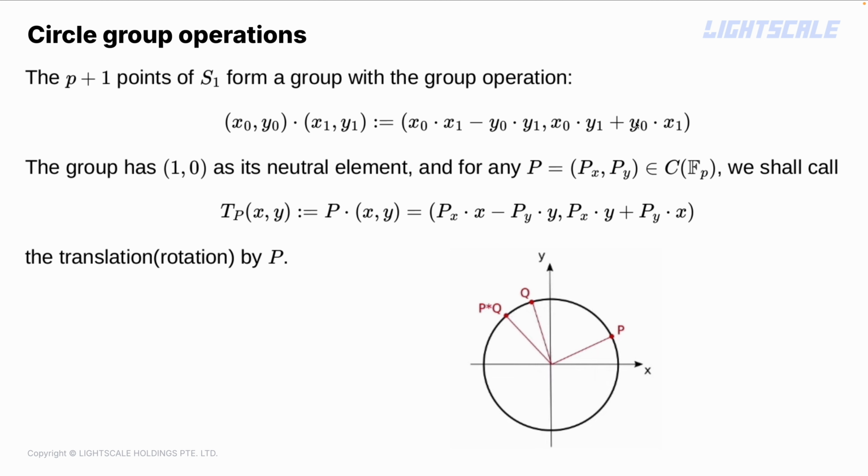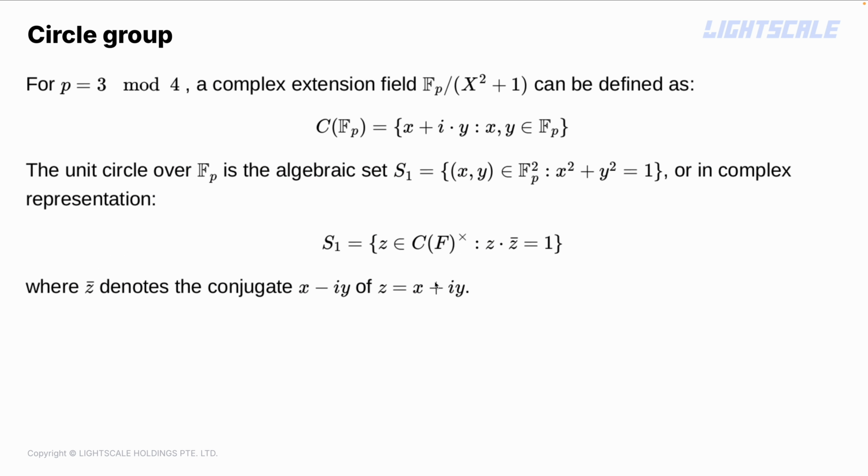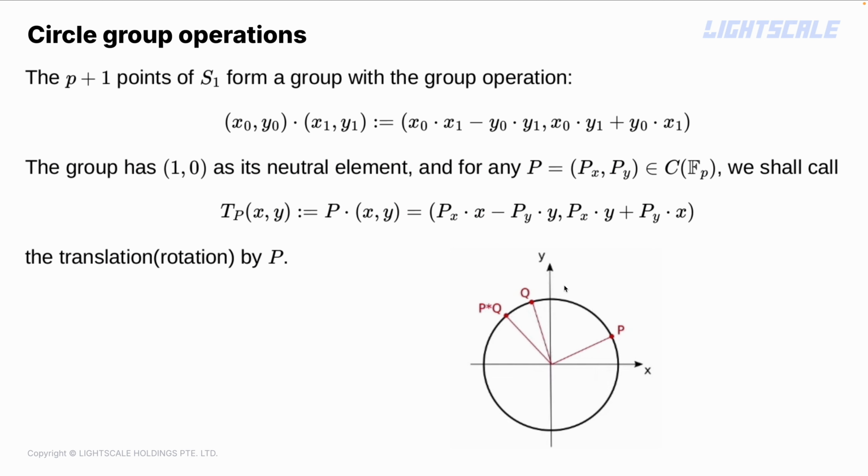So if you multiply, let's say this is Px, Py, Qx, Qy, then the real part is going to be Px Qx minus, because of the i squared, it's going to be minus. I see. But the imaginary part is just the plus. Yes.